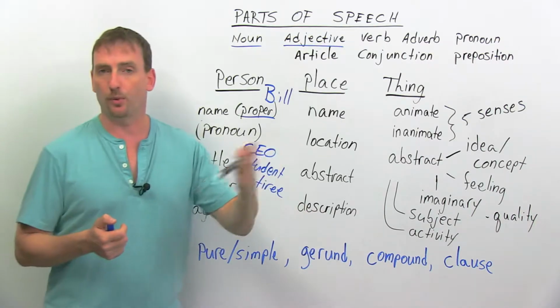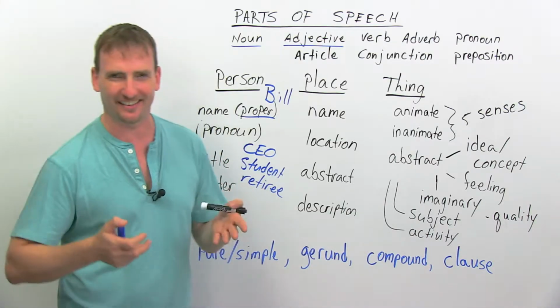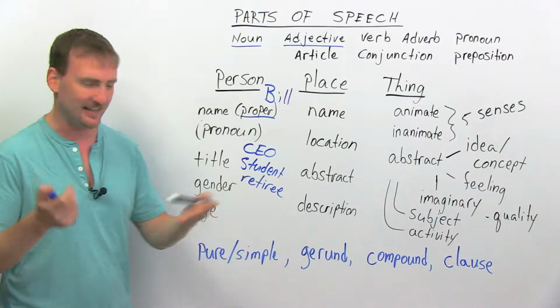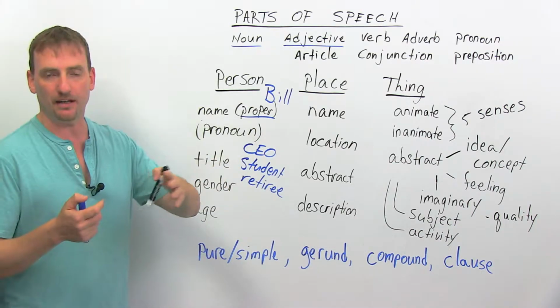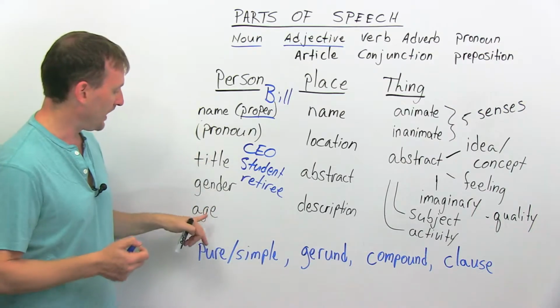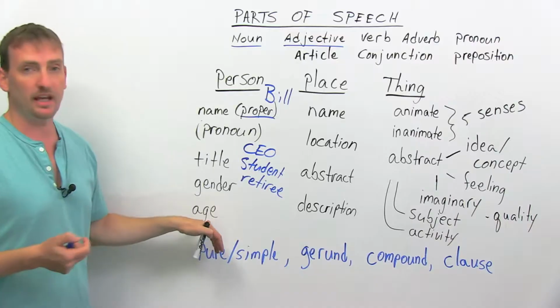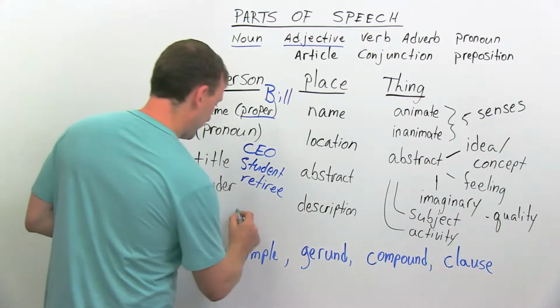Gender, man, woman. There's a lot of different varieties of gender these days, okay? You have transgender, etc. But gender, male, female, man, woman, etc. These are still a person. You could think of it as a thing, but we'll talk about that separately. Age. So, senior.